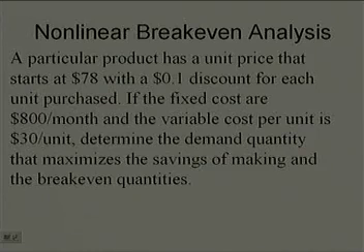So, that means for every unit purchased, you are getting a rebate or a discount of $0.1. Now, if the fixed costs are $800 per month and the variable cost per unit is $30 per unit, determine the demand quantity that maximizes the savings and the break even quantities.